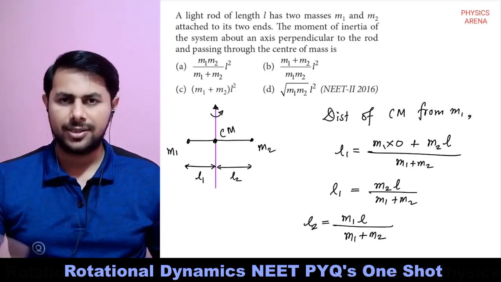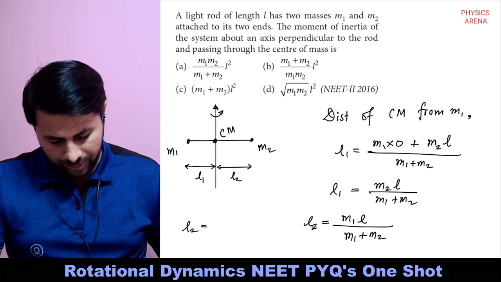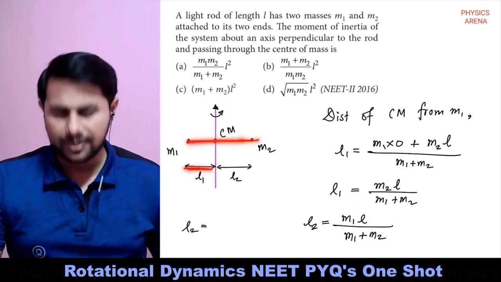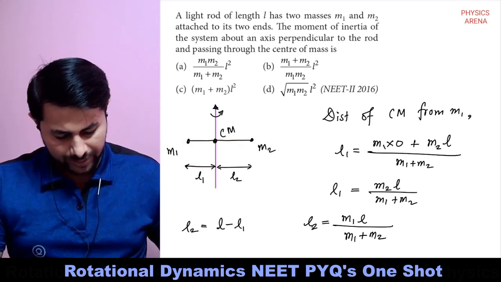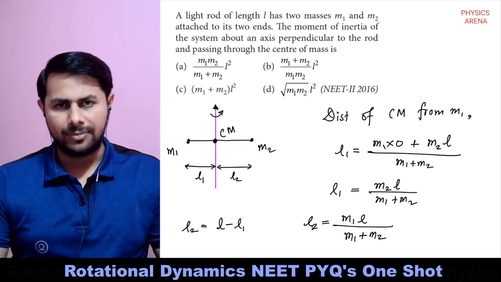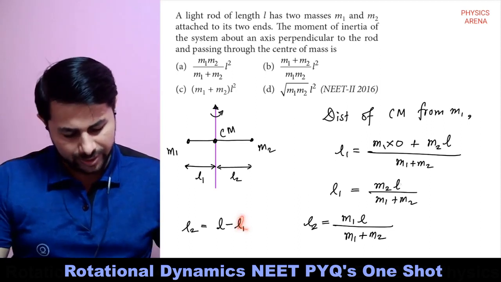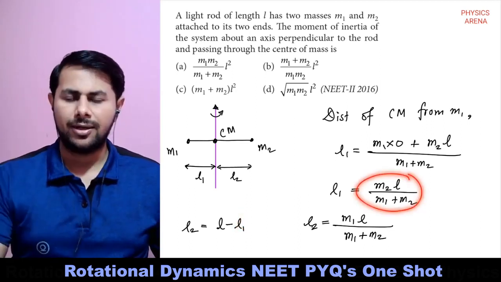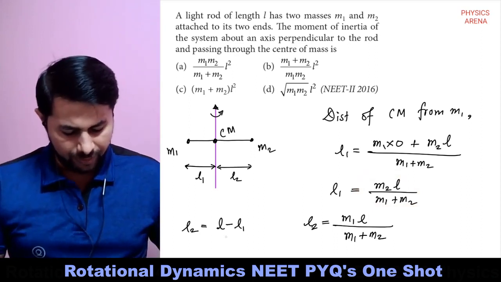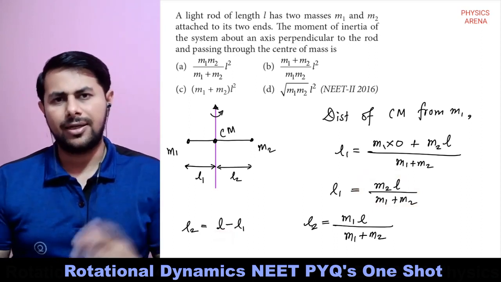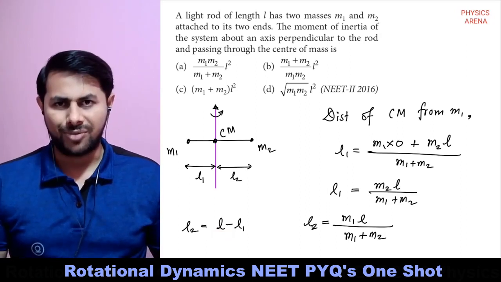Or you can find this distance like this also: L2 will be equal to the total distance minus L1, so L minus L1, but that would be wastage of time. As you would put L1 equal to m2 into L upon m1 plus m2, then you have to make the denominator the same and then do subtraction.